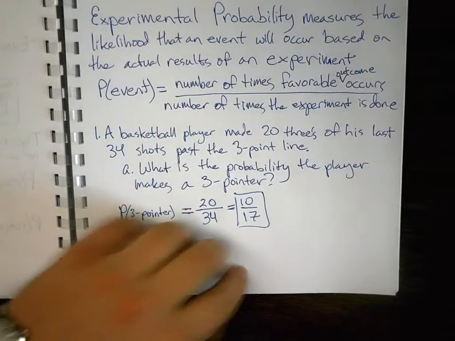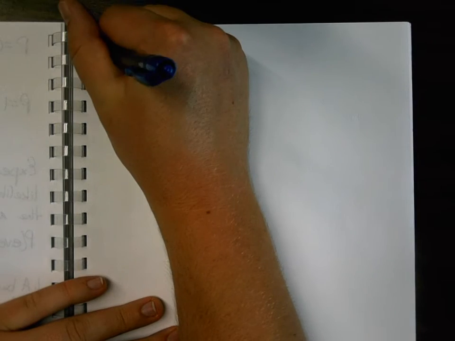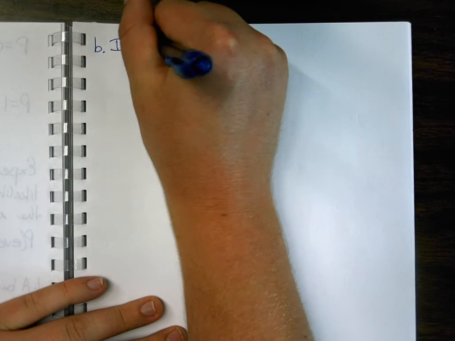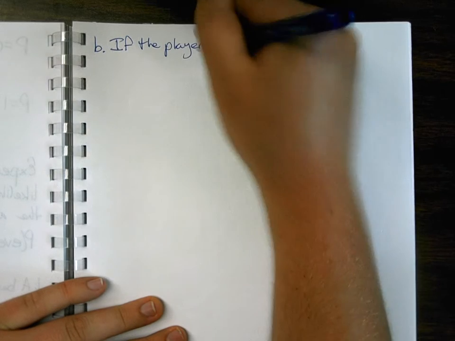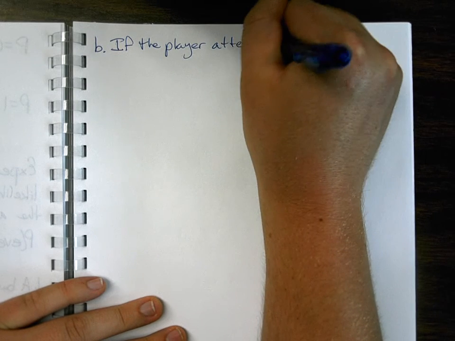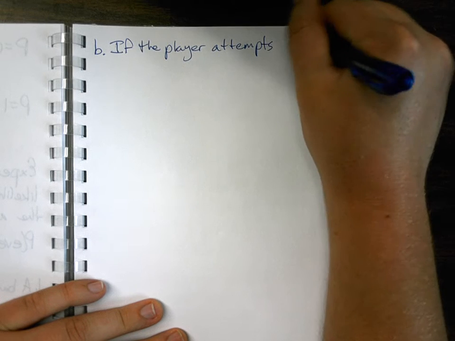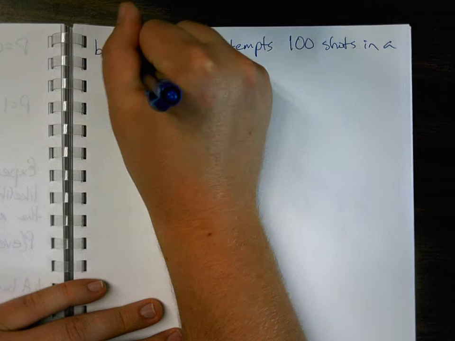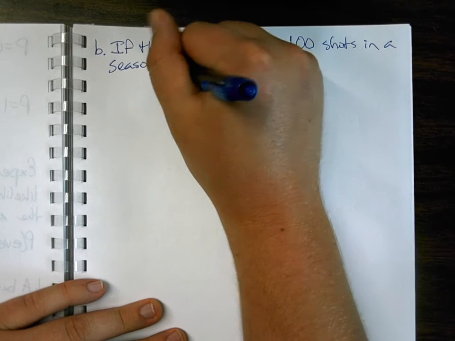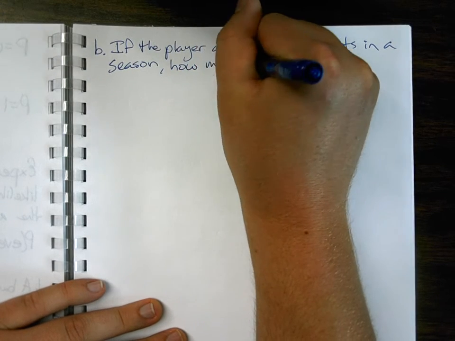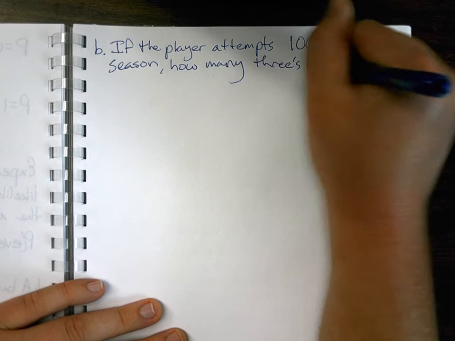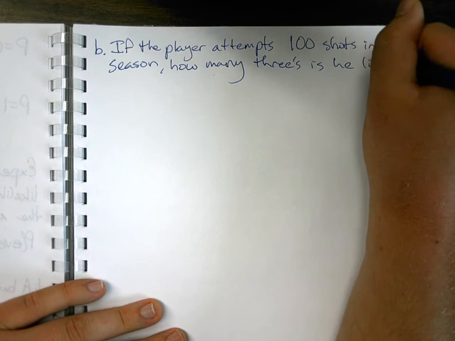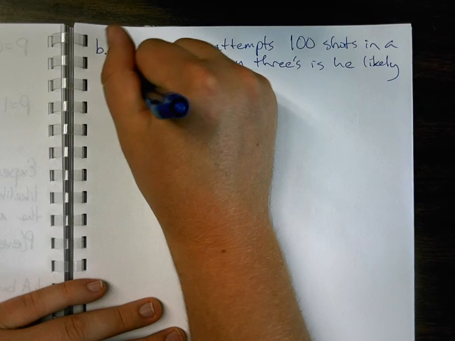Now, let's see, I'll just go to the next page. Boom. There it is. Okay, so B, if the player attempts 100 shots in a season, how many threes is he likely to make?